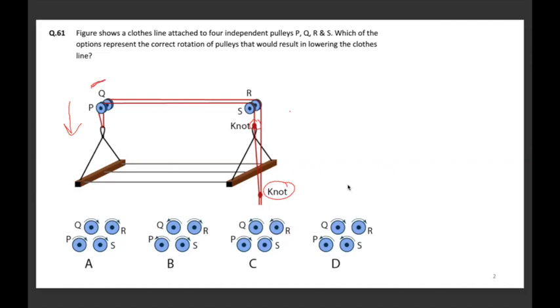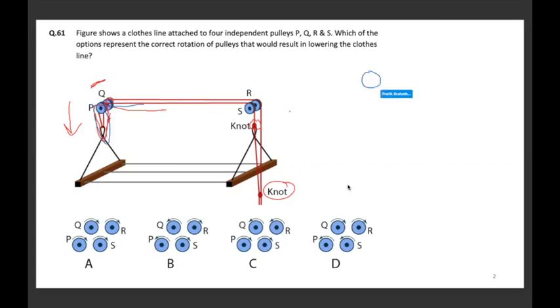Why Q? Because if you look at this part, it is connected like that, which means that this red thread will first be wrapping around Q, going down, and then wrapping around Q, and then coming here. It's a different color, sorry. So the thread would be going like this.